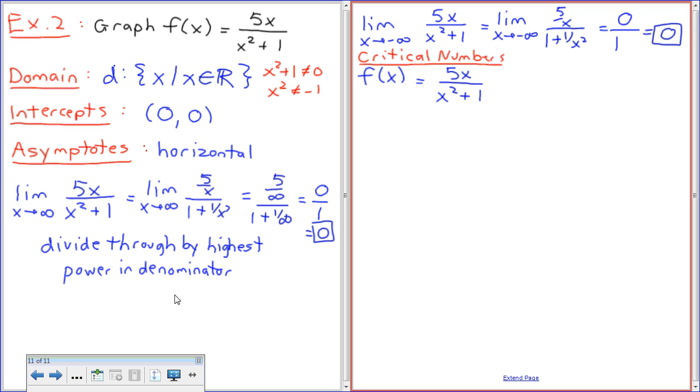f prime of x, I'll do this one as quickly as I can here, equals 5 bracket x squared plus 1 minus 2x.